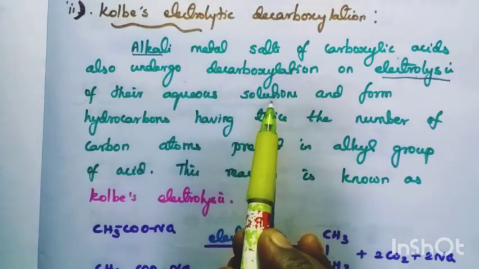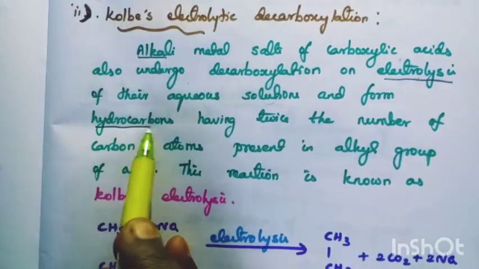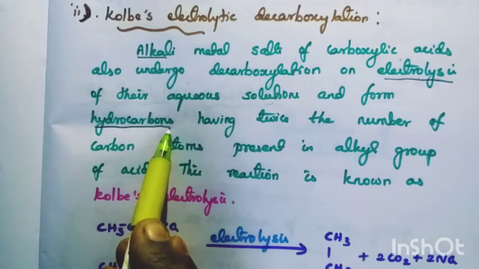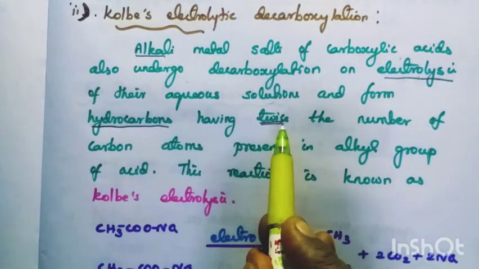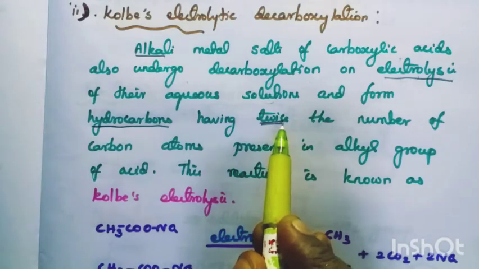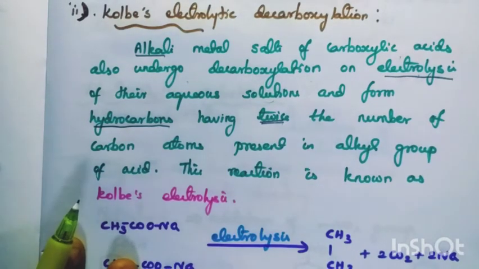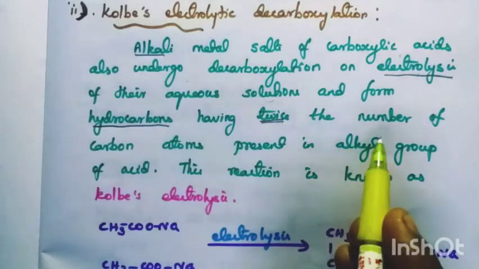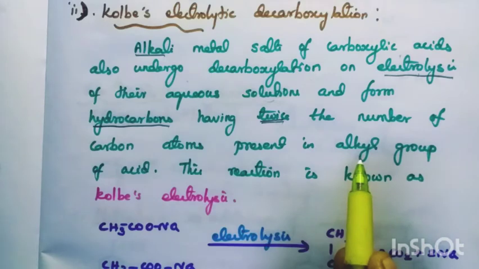The product is a hydrocarbon having twice the number of carbon atoms present in the alkyl group of the acid.